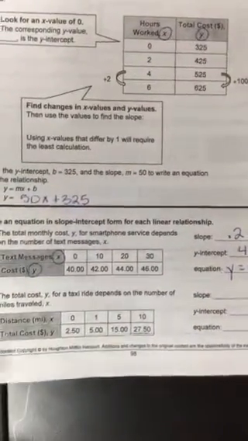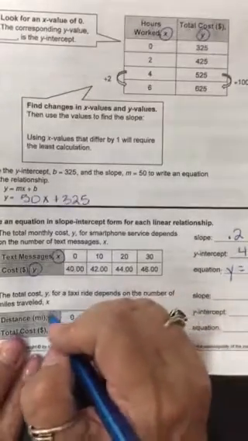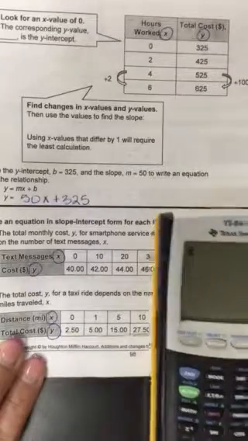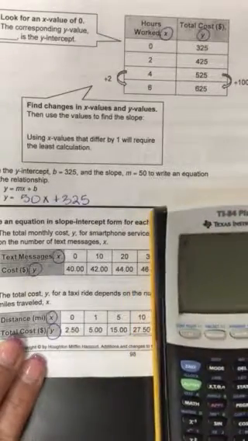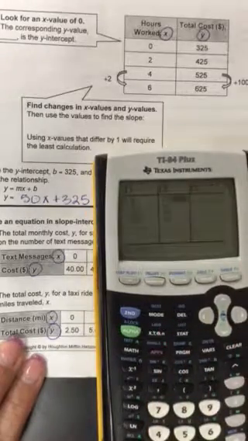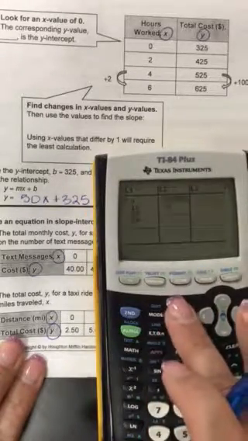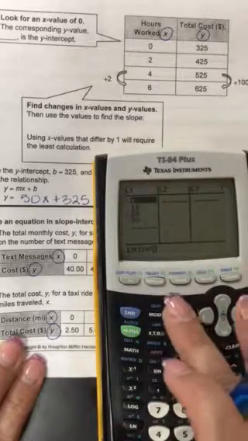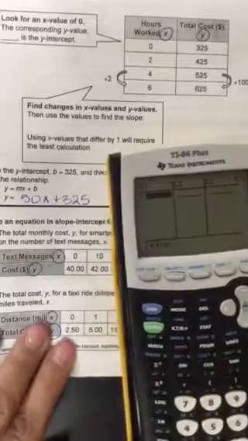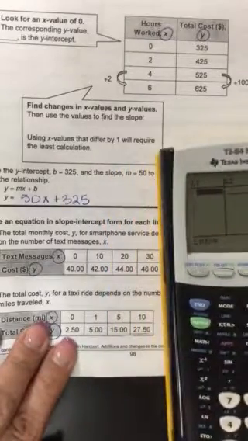Okay, the last one we're going to look at, x is on top, y is on bottom, which is important when we're putting it into the calculator. I'm going to hit Stat and Edit, and clear these numbers out with the delete button. Then I'm going to put in 0, 1, 5, and 10.